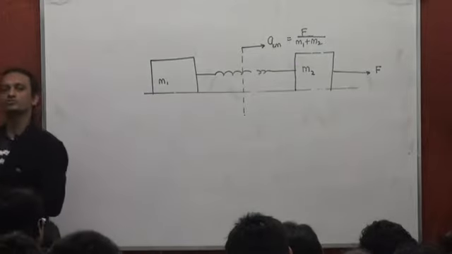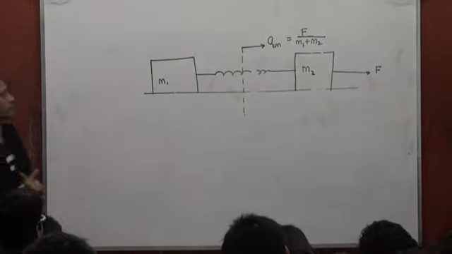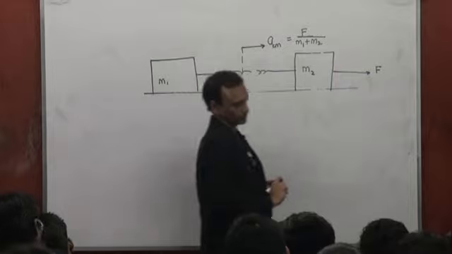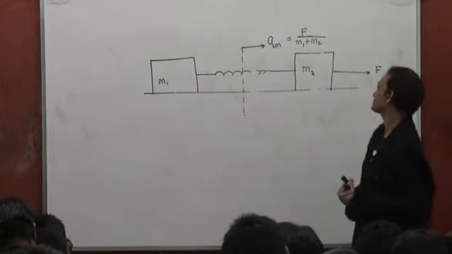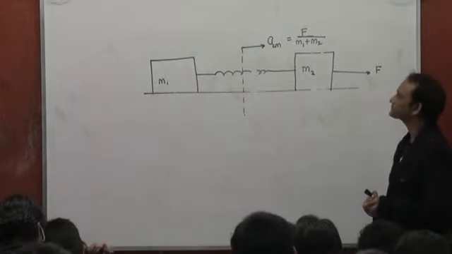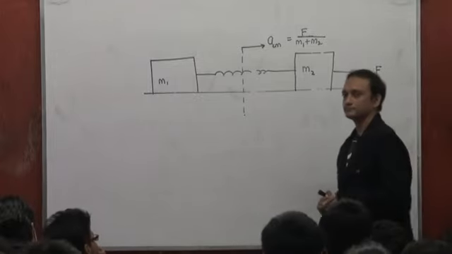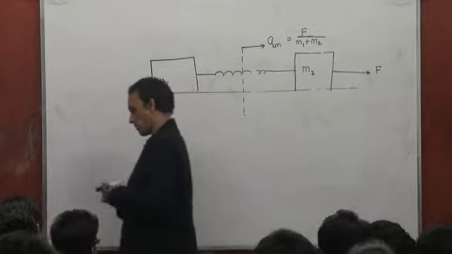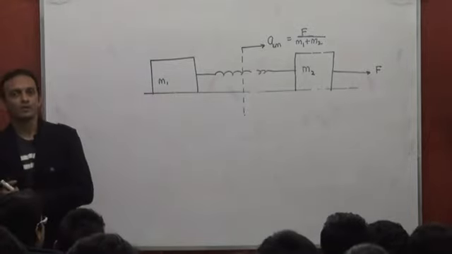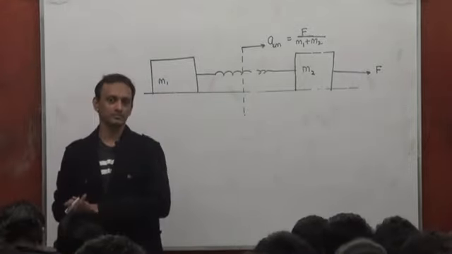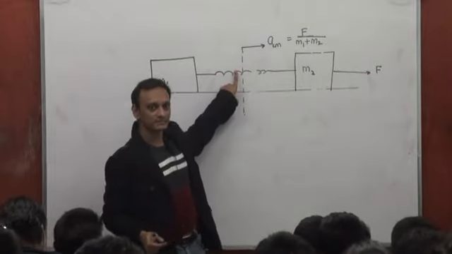Acceleration of the center of mass is going to be F by m1 plus m2. Now, in the center of mass frame, this is my observer.